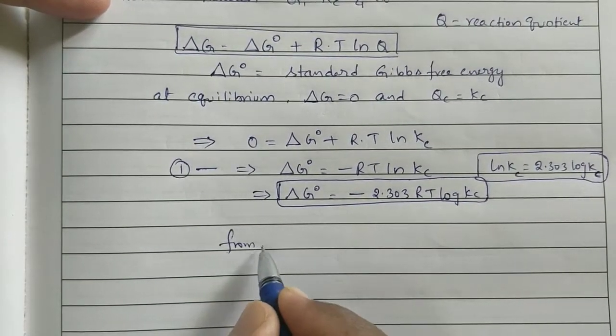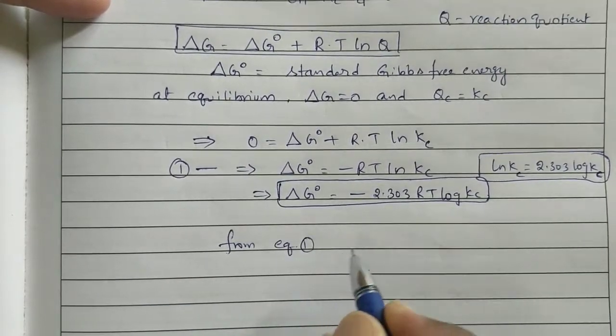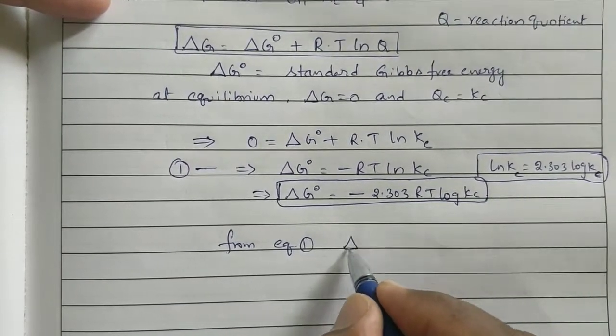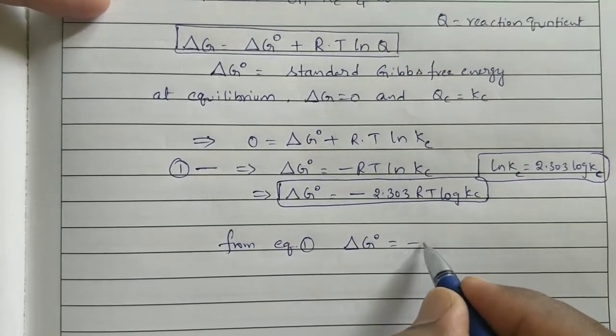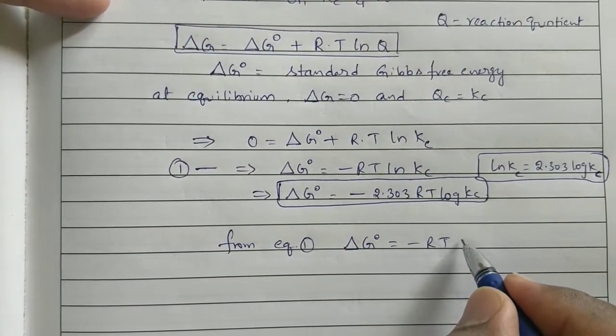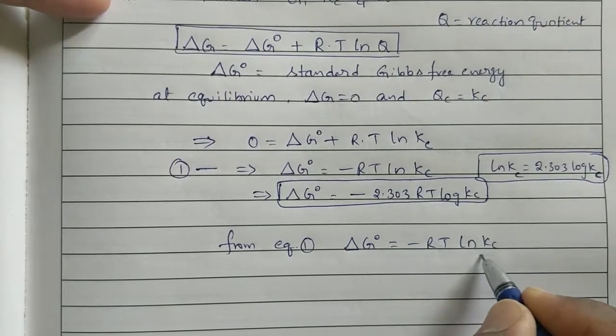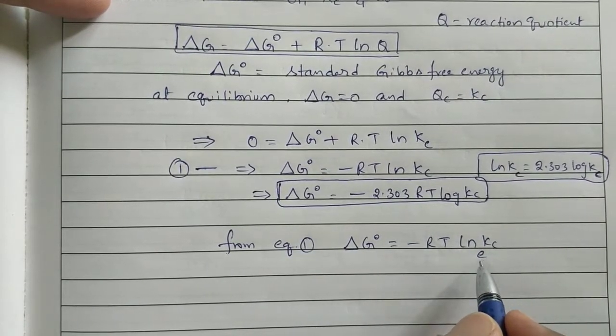From equation 1, delta G naught is equal to minus RT ln Kc, base e. Natural logarithm is nothing but base e.